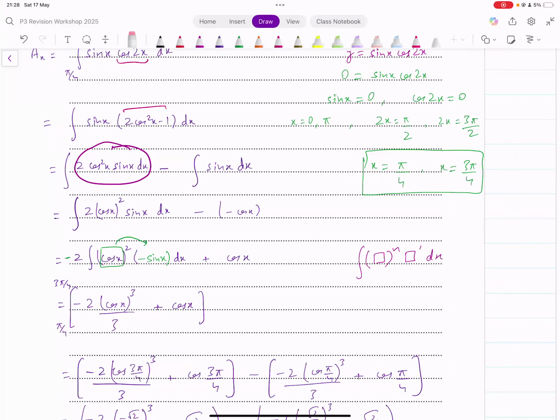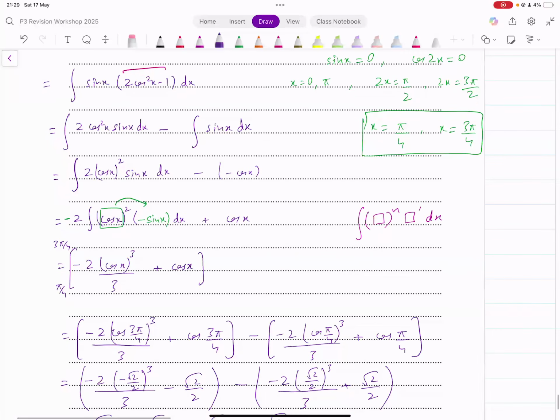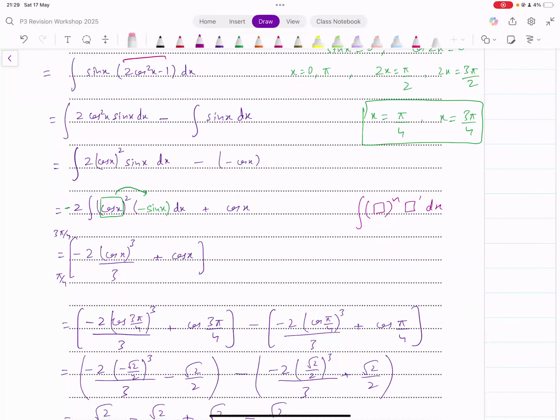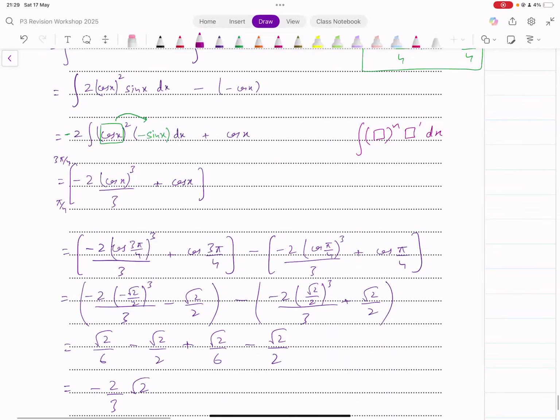And then on the first integral, you could use the extended power rule as we discussed. That's one idea. Use the extended power rule here. So it becomes, derivative of cos x is minus sine x. So we put minus outside, and to balance it, we put a minus outside, and it becomes that form. We use the extended power rule in this, and integration of sine is just minus cos, and then we integrate it like this. That's one idea.